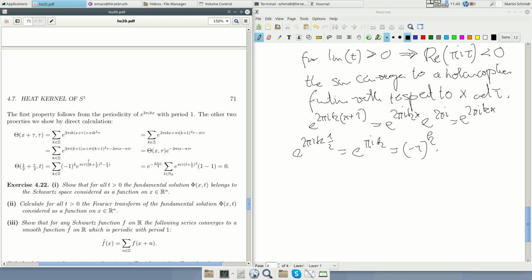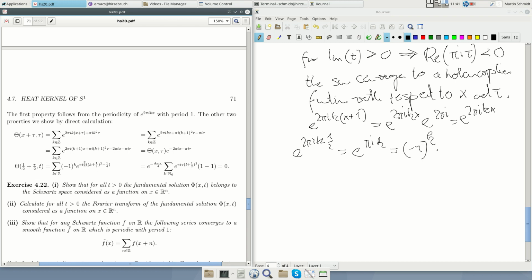And all other terms, we have 2 pi i, but this is just 1, so this term we don't get. No, sorry, we are here. So we have this term here, and now plus tau, the terms with the tau halves.